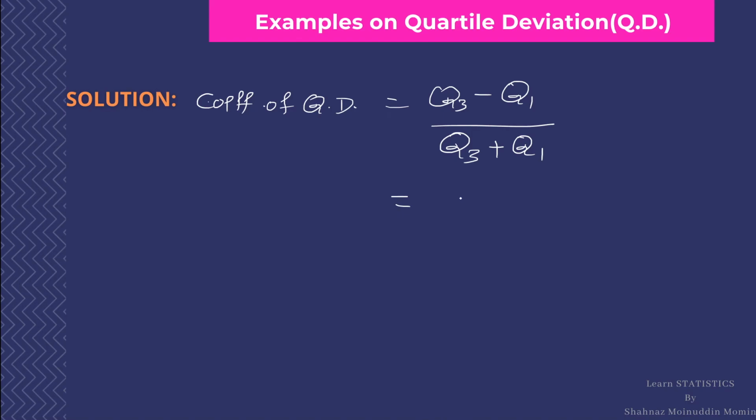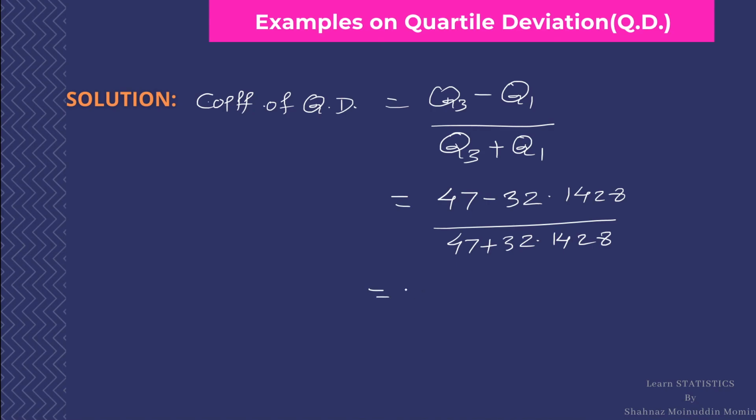Substitute the values, we get 47 minus the value of the first quartile, 32.1428, divided by 47 plus 32.1428, which is equal to, after simplification, 0.187726.